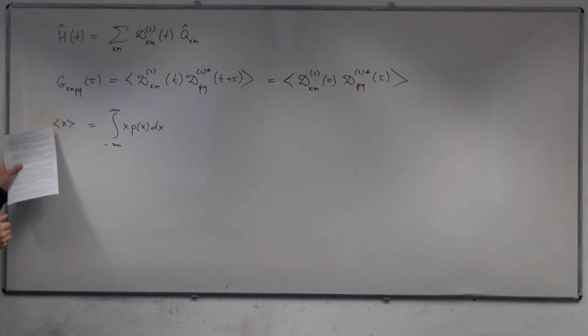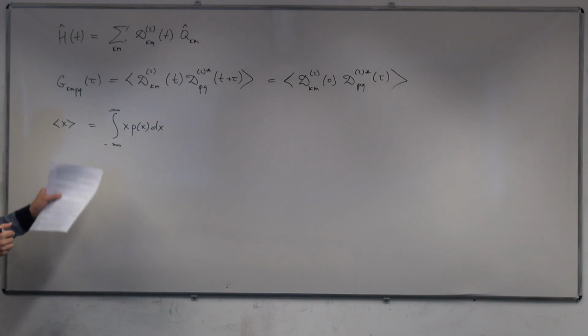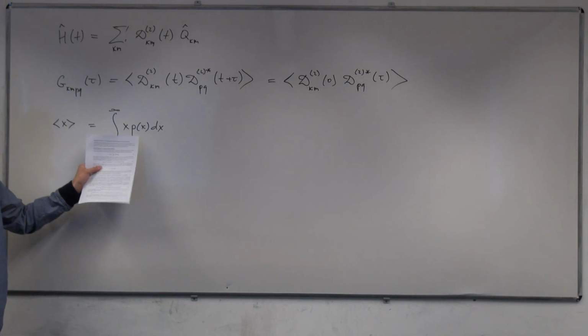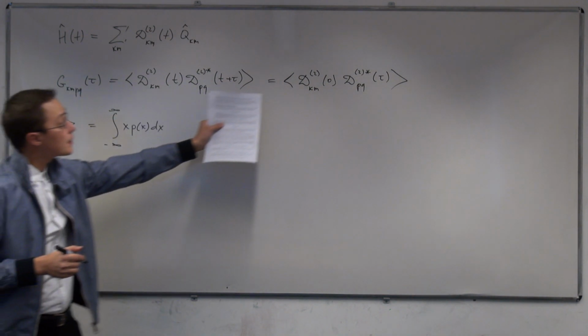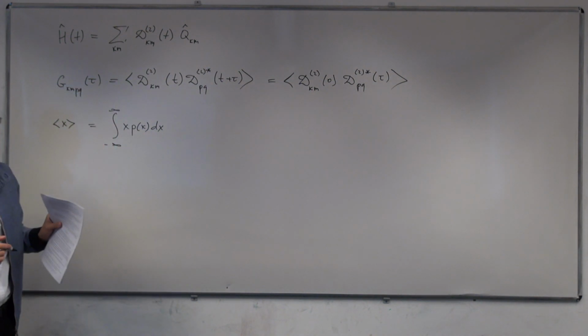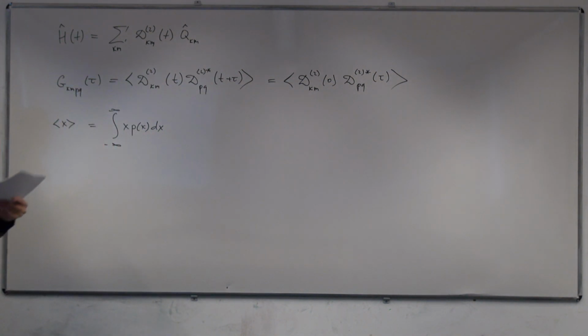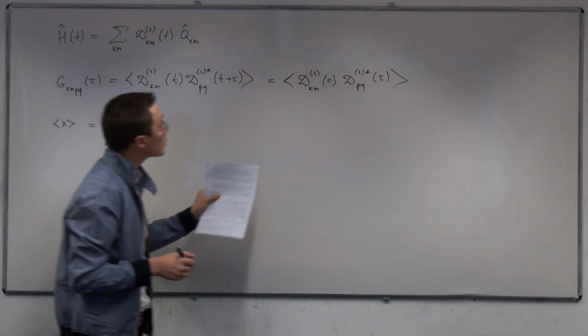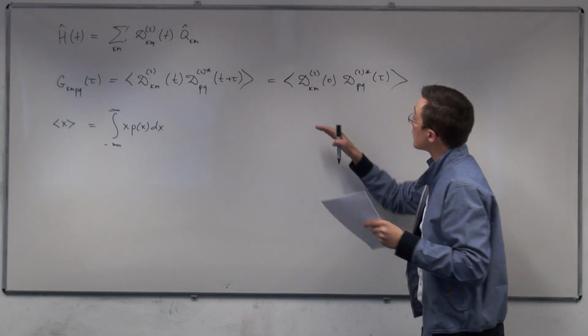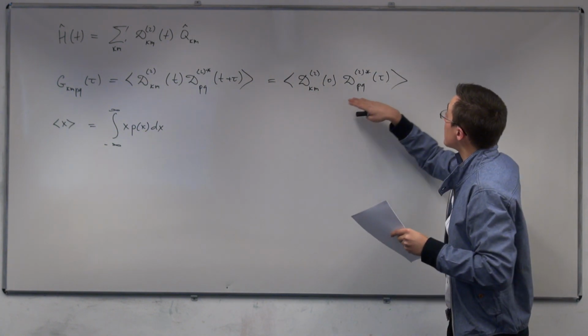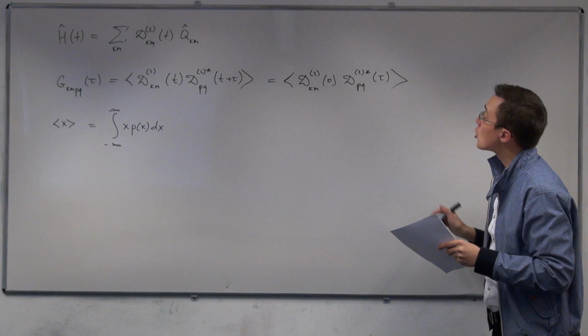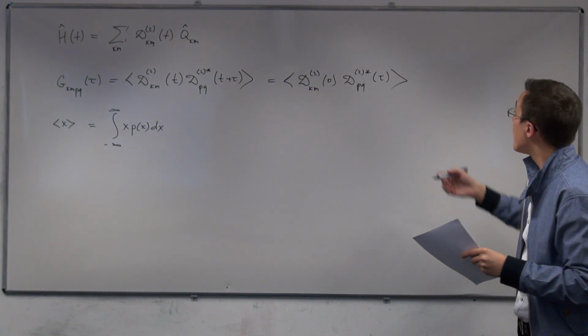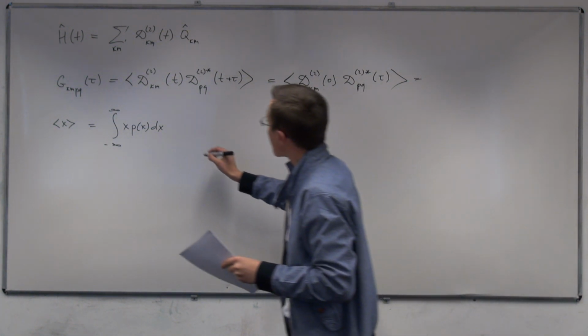And so, because the average is an integral of the value times the probability, we can recast this average in the same way. We can take integrals over the probability distributions in the system. Now, in this case, we only have one variable, and so we've got one probability distribution. In this case, we've got two. We've got the Wigner function at time 0 and the Wigner function at time tau, and so it will be a bit more complicated, but not much more so.